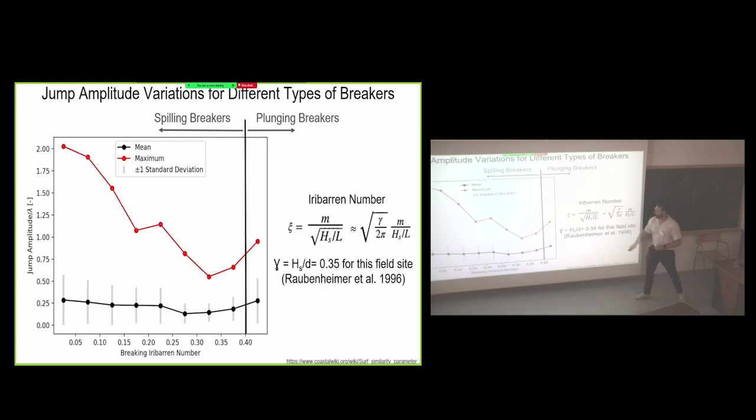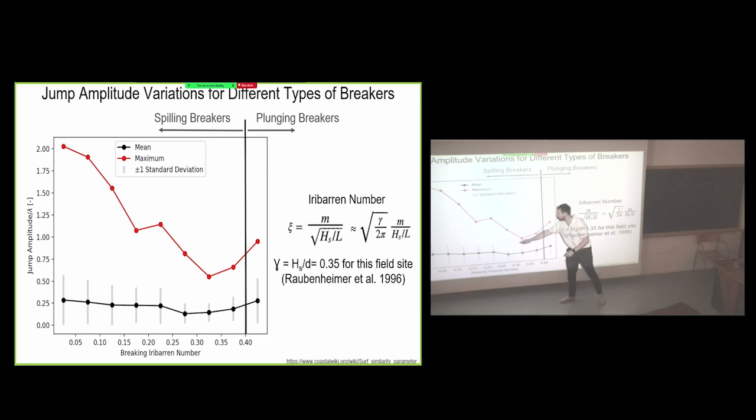We look at this as a function of the Iribarren number, which is telling us something about what types of breakers we have. Most of our data set was in the spilling regime. So we have these nice crumbly soft waves that are a little bit gentler than the steeper plunging waves. We can't say too much about the plunging, but we do see a bit of a trend when we go to the maximum.